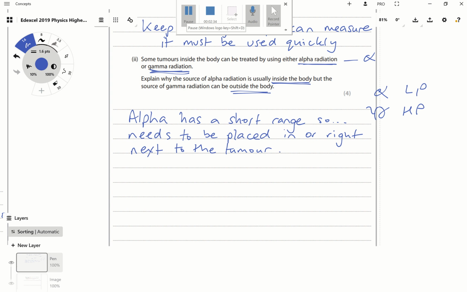And you can see if I'm placing it in a tumour, its range is so low it can only be used for tiny, tiny little tumours, which is why beta's used quite a bit more.